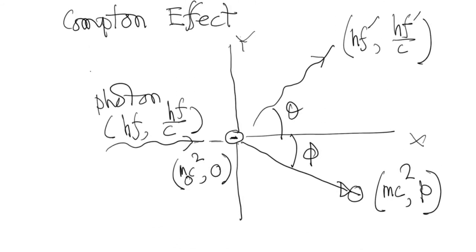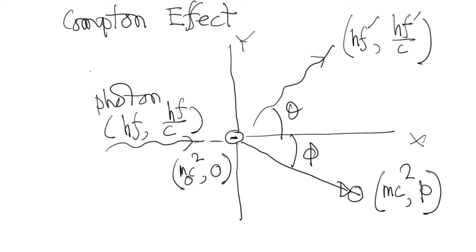This phenomenon is known as the Compton effect. When the photon strikes an electron, there will be a collision and an exchange of energy and momentum, and the photon will be scattered along a direction, and the electron will be moving along another direction. This phenomenon is known as the Compton effect.